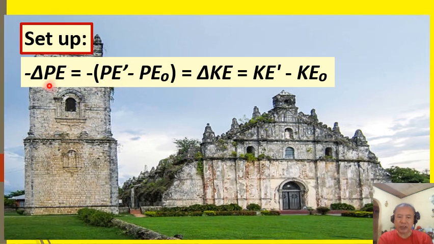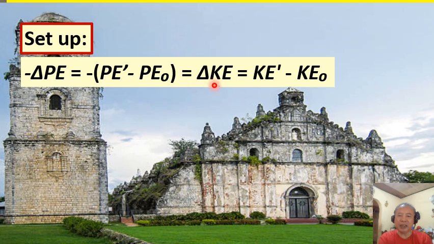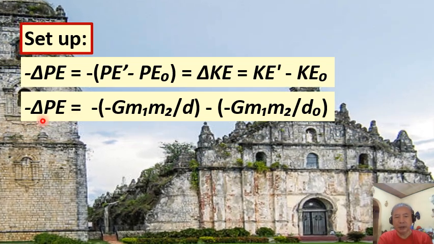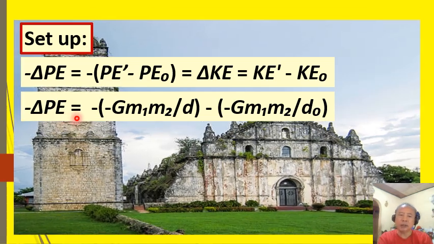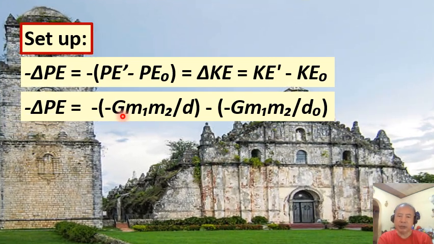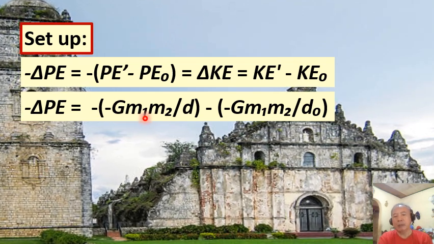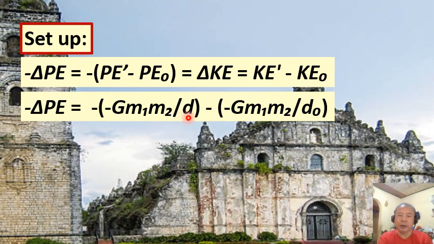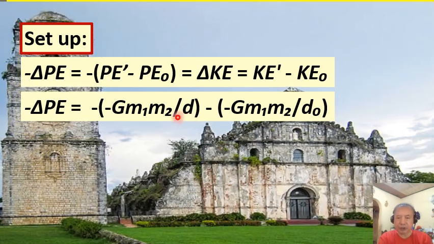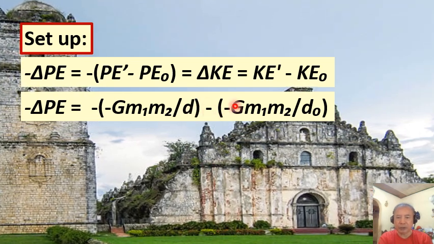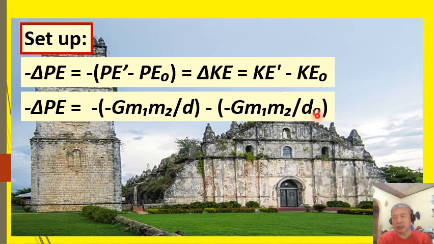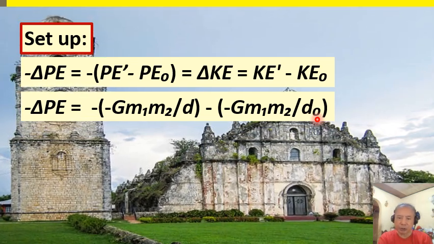So we express this change in gravitational potential energy and the change in the kinetic energy in terms of, we have here negative delta PE is equal to negative capital G, that's the universal gravitational constant, multiplied by the mass of sphere number 1 times the mass of sphere number 2 divided by their final separation distance, minus quantity negative capital G M1 M2 divided by D naught, where D naught is the initial separation distance.